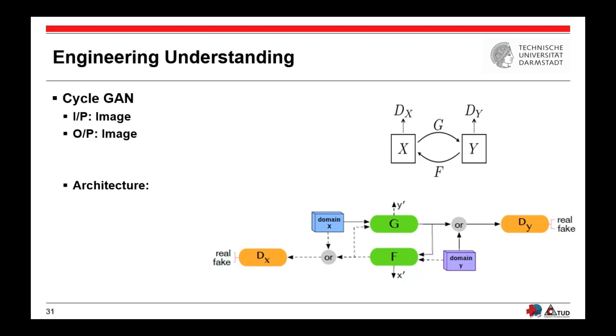The loss function is where the second fun part comes in. What you are trying to do is that you don't have paired images, so you don't know where these images in domain X will land in domain Y. What you can ensure is that these images, when they go through the second cycle, should end up in the same place. They might not.